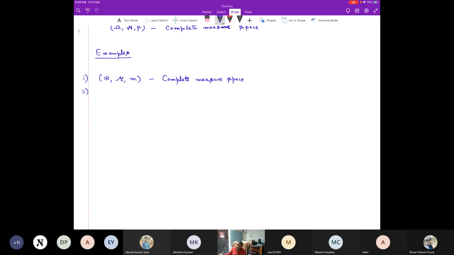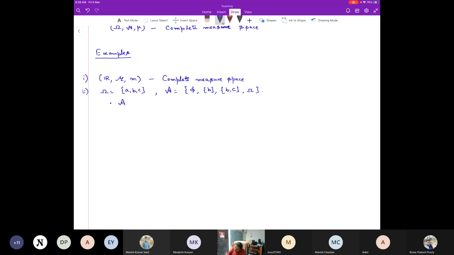Second one, so we need one example where this is not true. So you look at omega to be {a, b, c} and then the sigma algebra to be the empty set, {b}, {b, c}, omega.